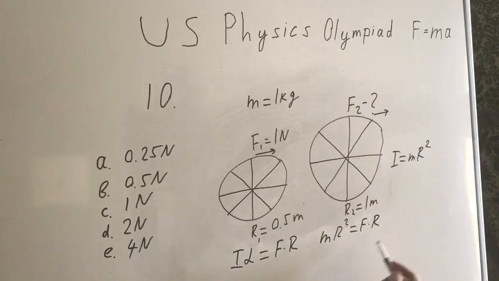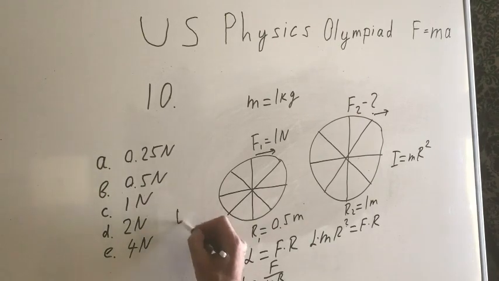So from here we can find what alpha is. That will be alpha equal F over mr. So to get the same angular acceleration, we just need to increase the force twice if we increase the radius twice. So the answer is 2 N.